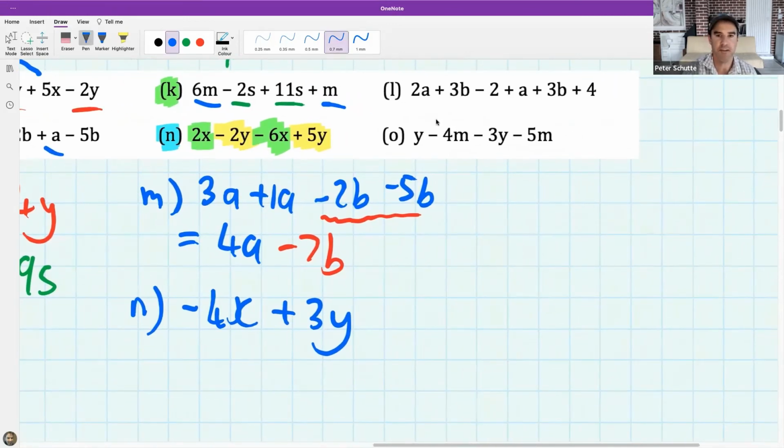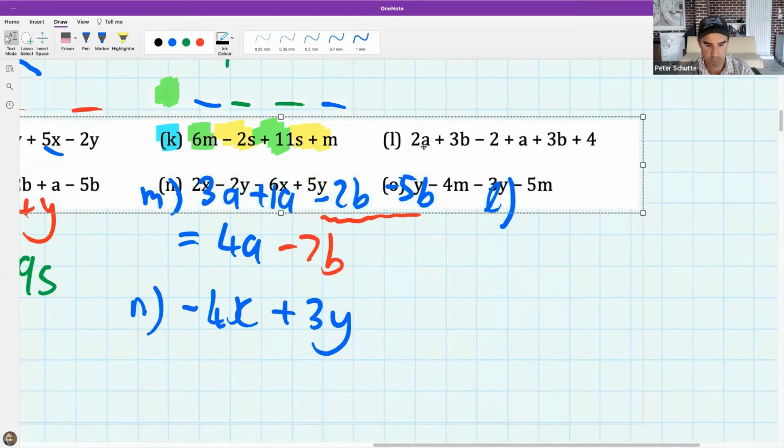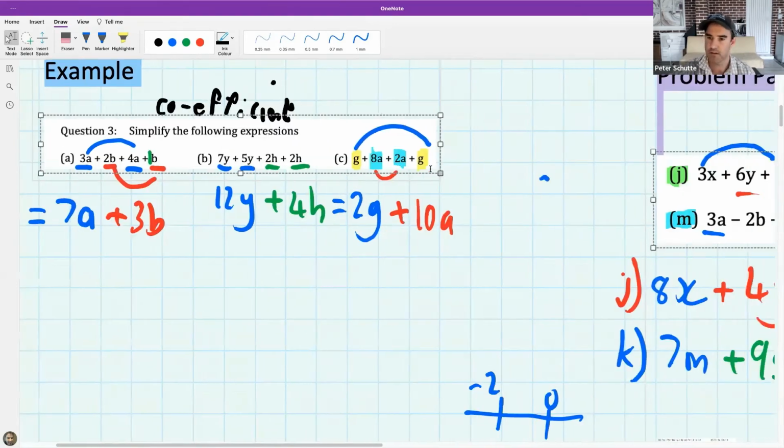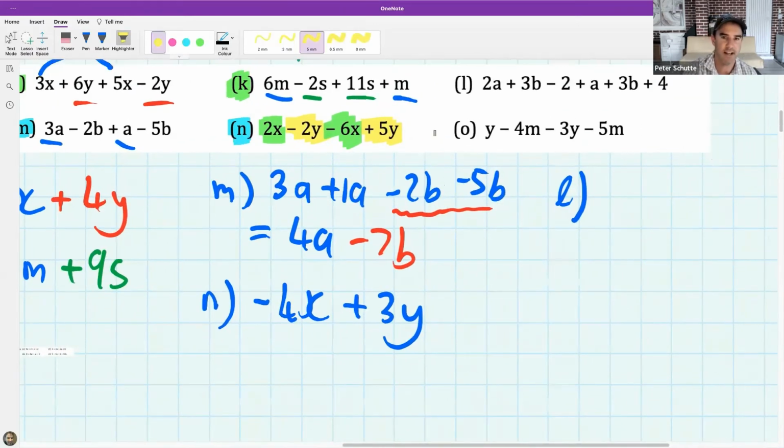What I'm going to do is go through L in detail because I can see a couple of students need a bit more help. I'm going to go through L exactly as I was describing. So first I look to see what are the ones that go together. And I'm going to use a highlighter now. I'm going to use my highlighter. So I'm going to get 2A.